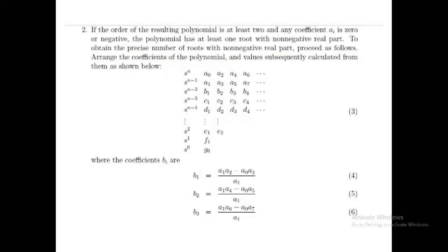Here we generate until all the subsequent coefficients are 0. Similarly, cross multiply the coefficients of the two previous rows to obtain c1, c2, d1 and so on. So c1, c2 and c3, and similarly d1 and d2 will be obtained.